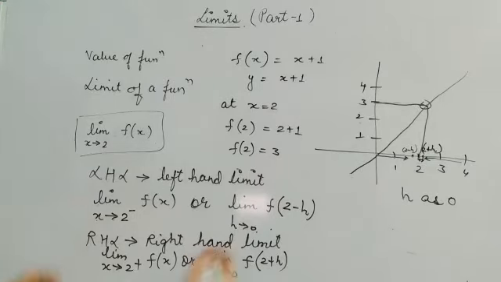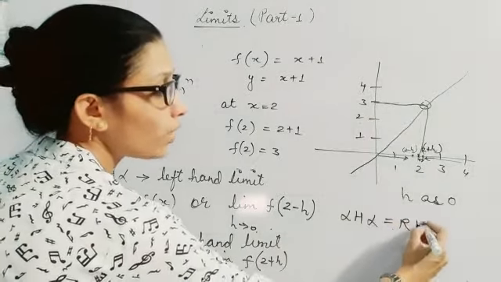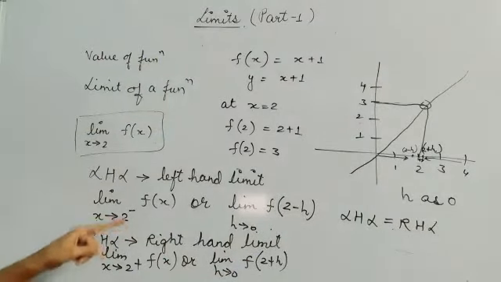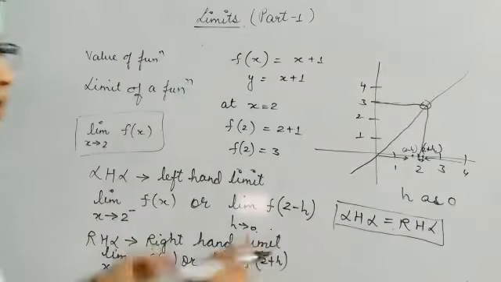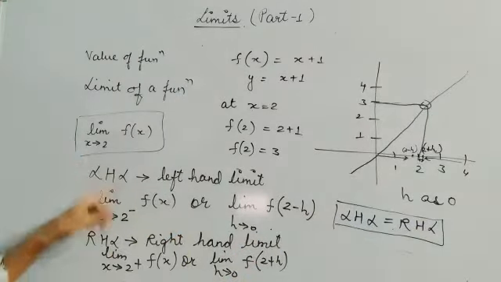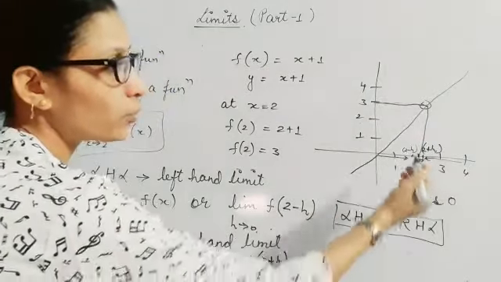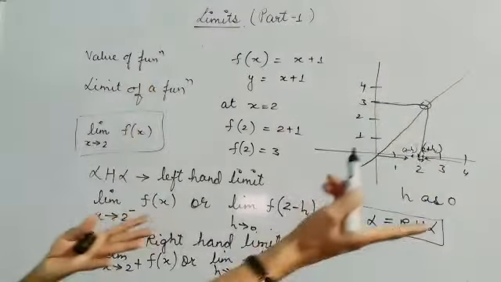Now, if the value of LHL becomes equal to RHL, then we say limit x tends to 2 exists. Alright. So if these two come out to be equal, then we say that the limit exists. Let's suppose this gives me 3, and this 2 plus h will also give me 3.